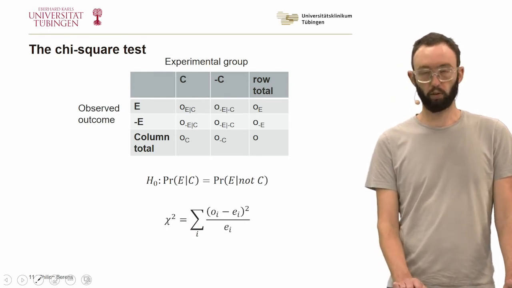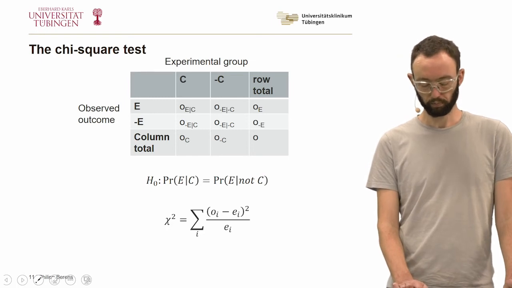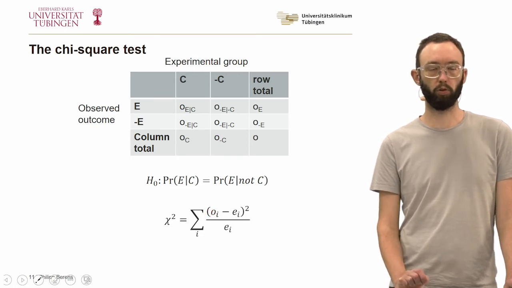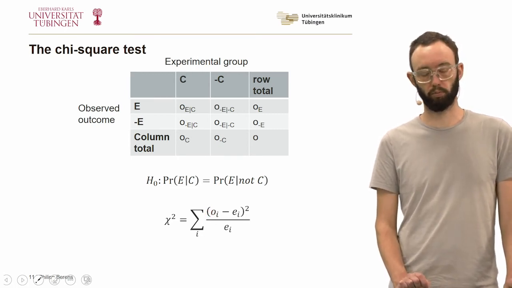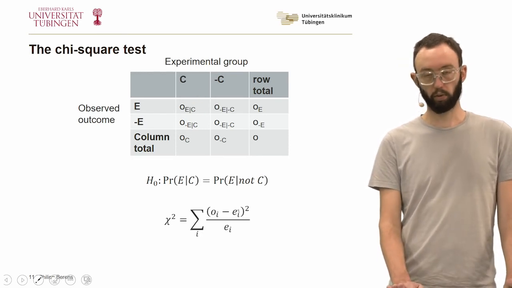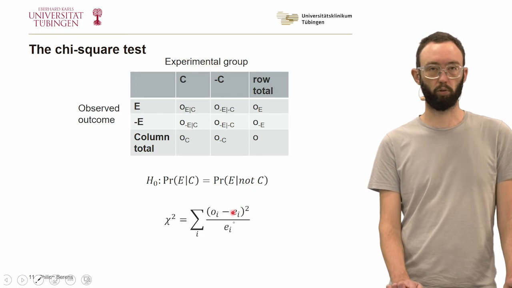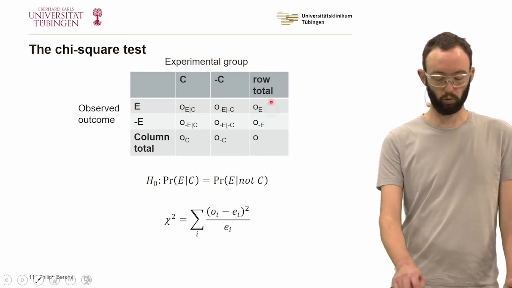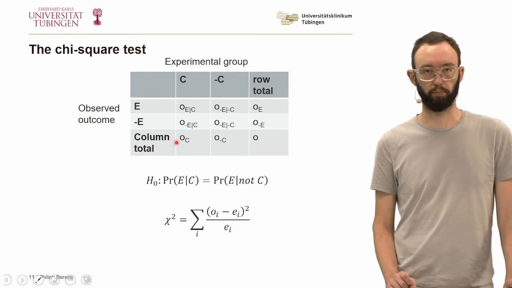And it's always the difference between the actually observed frequency or observed count that you find in this cell, minus the expected count that you would assume given the row and column totals.